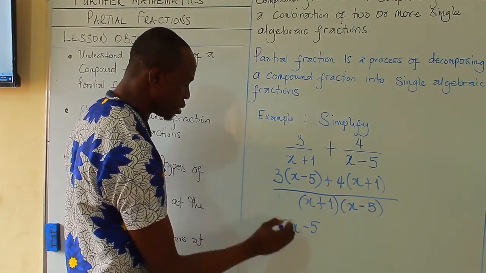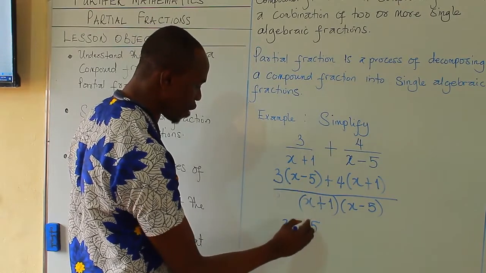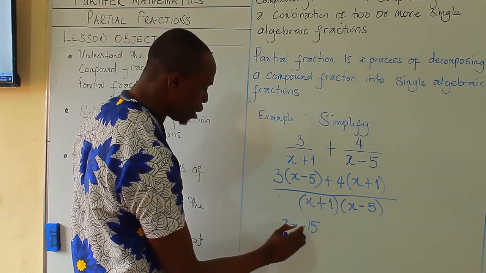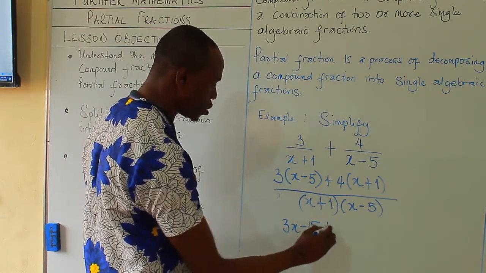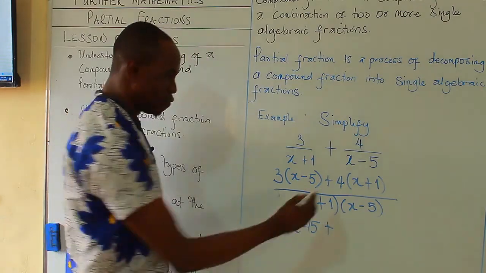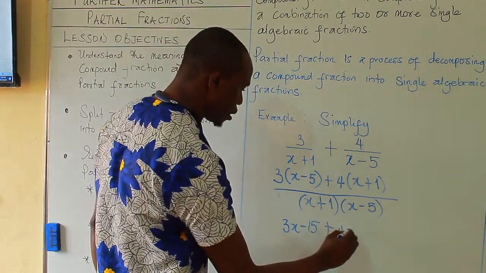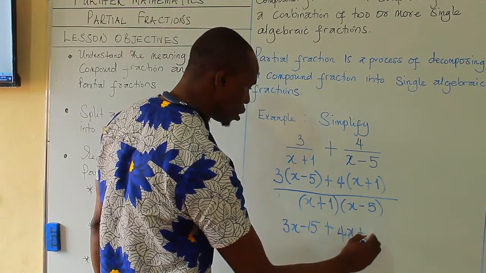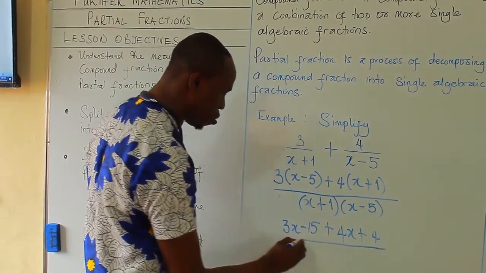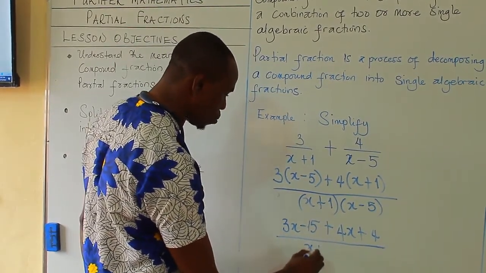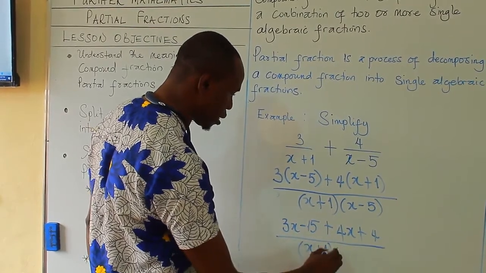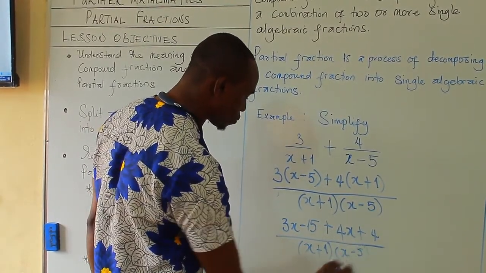So I have 3 times x as 3x, and 3 times 5 as minus 15, plus 4 times x as 4x, plus 4 times 1 is 4, and it's still all over x plus 1 and x minus 5.